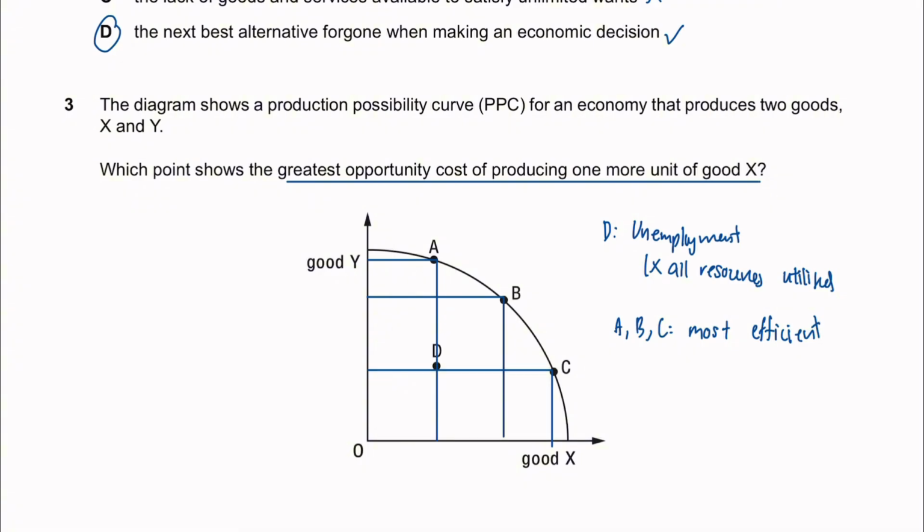Okay, so let's see. So imagine if we are in point A, now we want to move to point B, right?